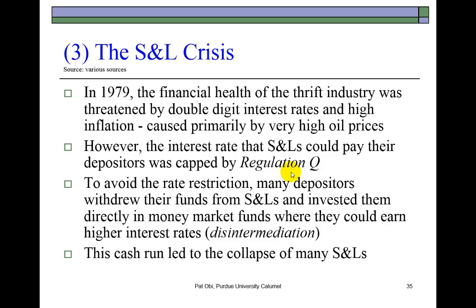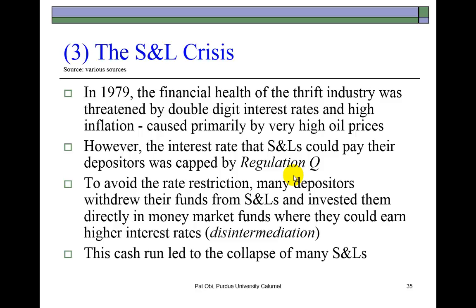The law was well intentioned. It was designed to keep them from shelling out too much money in interest payments to their customers so they could keep more of their money for investment purposes. Keep in mind that S&Ls are designed for small investors and small customers.